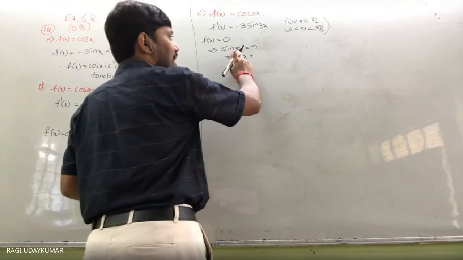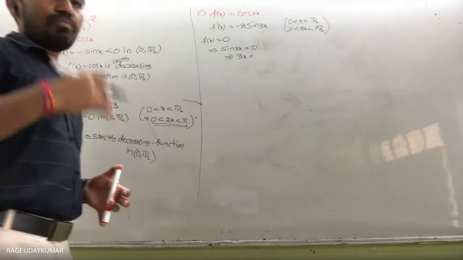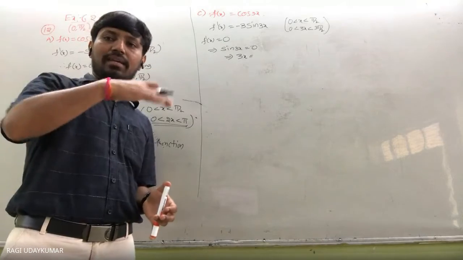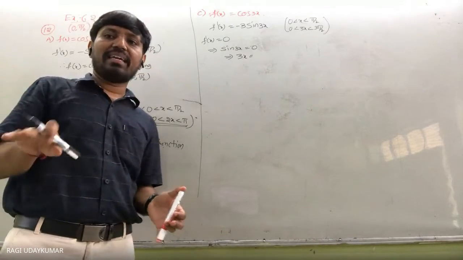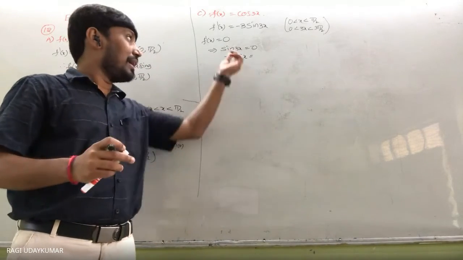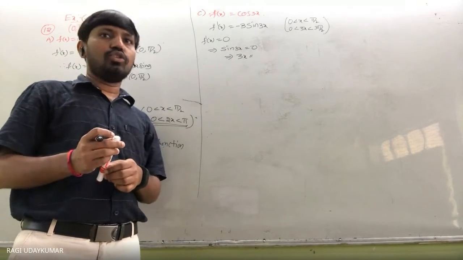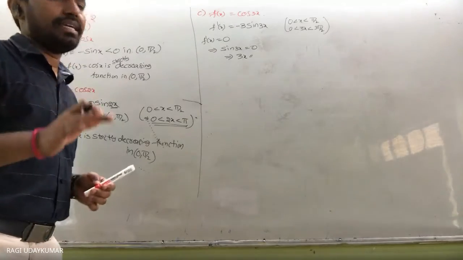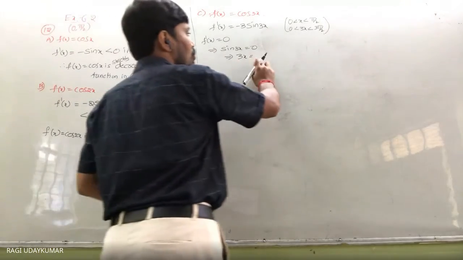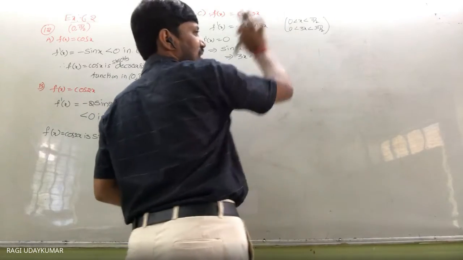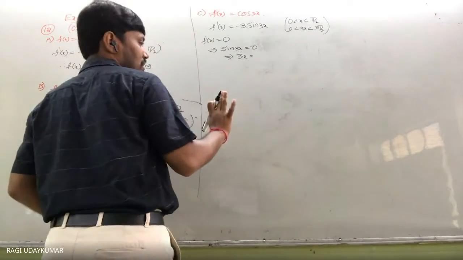Isn't it? 3x equals 0, pi, 2 pi, 3 pi, 4 pi. In the trigonometric equation, the solution is n pi. But we need to take here, 0 is not necessary for us. If 3x equals 0, then x equals 0, which is the starting point, so it is not necessary.